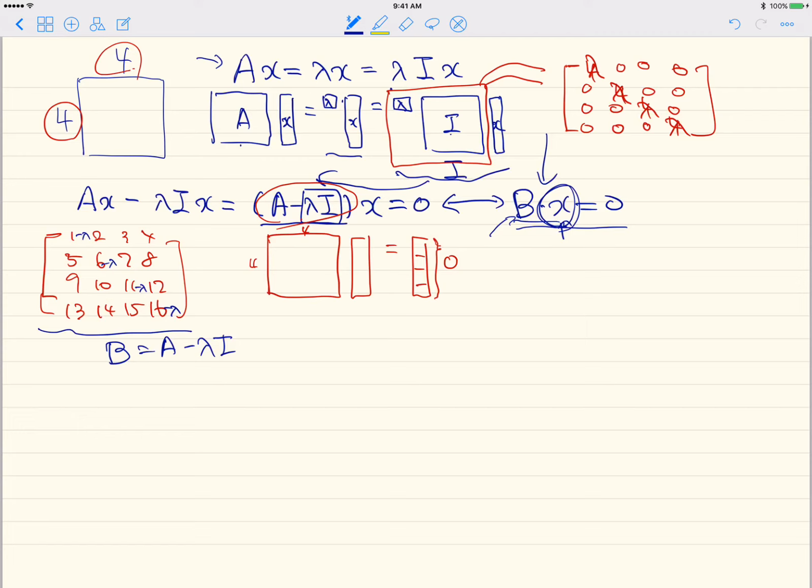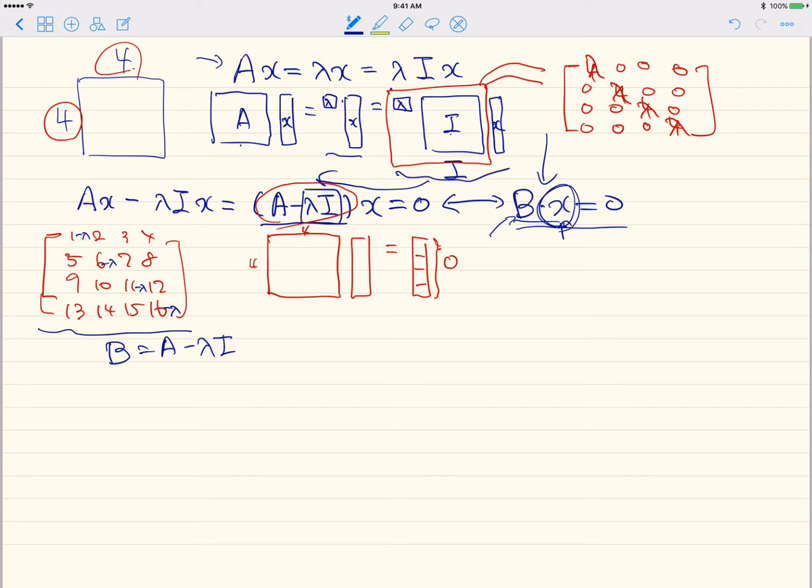So in order to have a non-zero vector x, what is the condition for the matrix B? When does this equation have non-zero vectors as a solution?